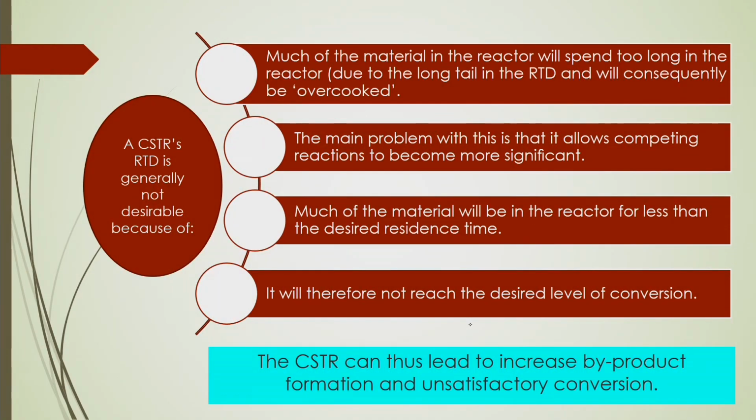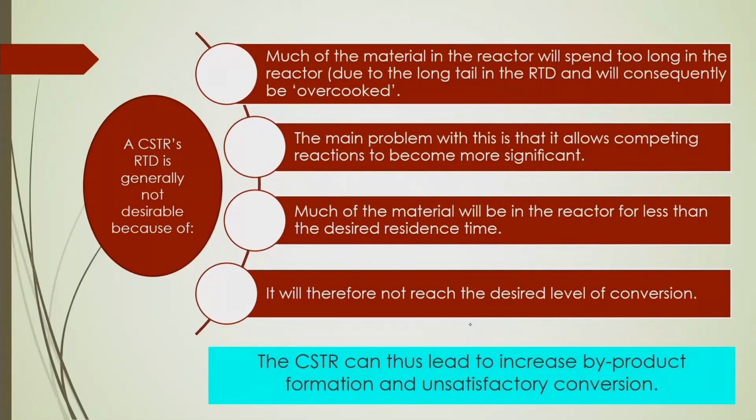With these CSTRs, that is continuous stirred tank reactors, whatever RTD we get is not desirable, because a mass of the material in the reactor will spend too long in the reactor due to the long tail in the RTD profile, and will consequently be overcooked sometimes in the reactive system.